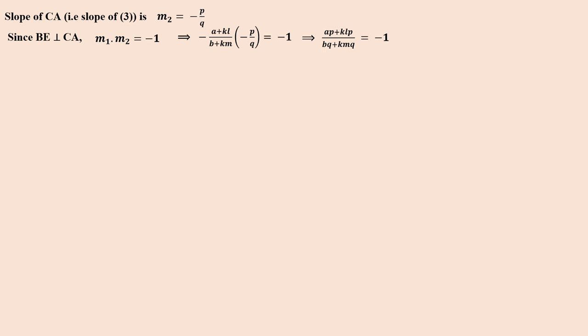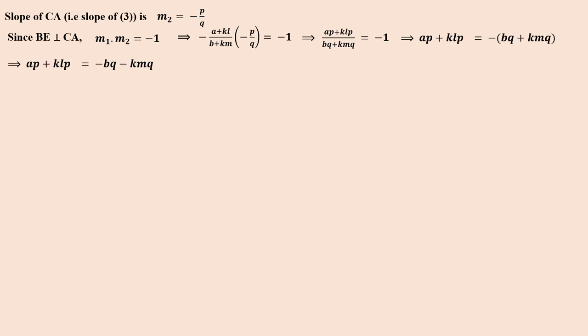So minus into minus is plus, multiplying with P in the numerator and Q in the denominator: (AP + kLP)/(BQ + kMQ) = -1. So AP + kLP, cross multiplying, equals -1 into (BQ + kMQ).